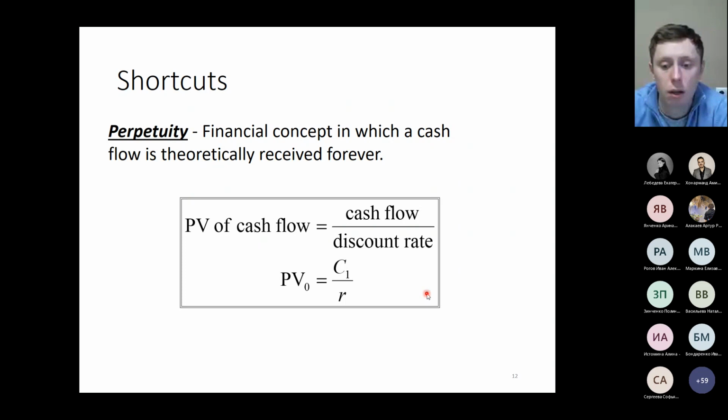If the discount rate is not very small, the difference between the set of cash flows we receive for, let's say, 30 years and the set of cash flows we receive forever won't be big, because the very distant cash flows are discounted more strongly and their present value gets lower and lower.